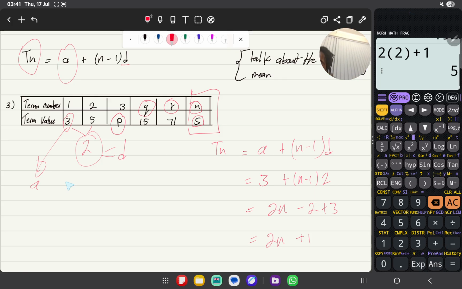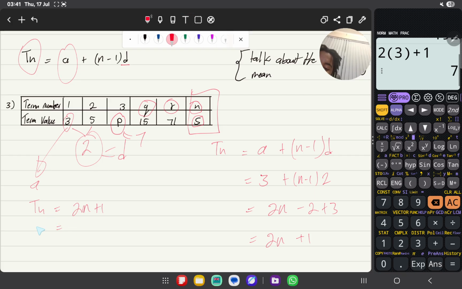And then for P, we substitute 3, because the term number for P is 3. Once we substitute it, we get 7, and therefore we know that P equals 7. How about Q? So Q, you have Tn equals 2n plus 1.